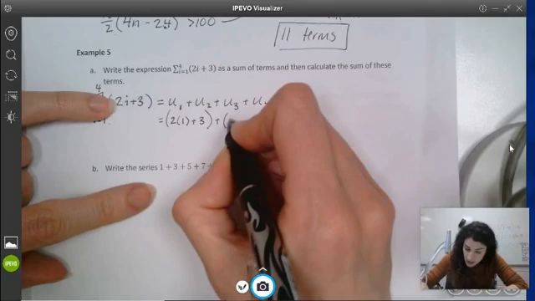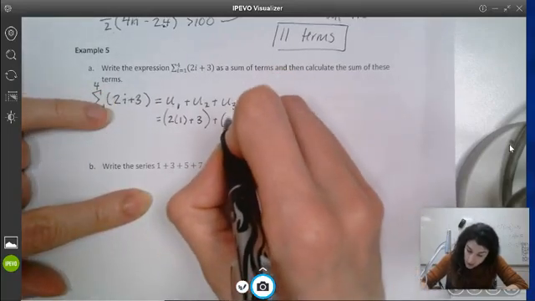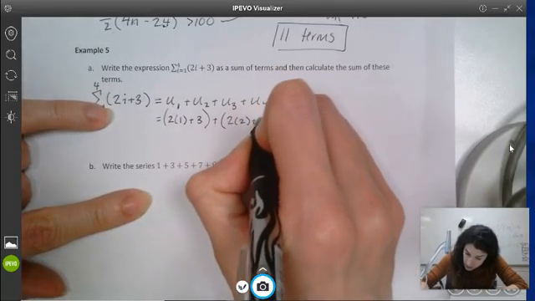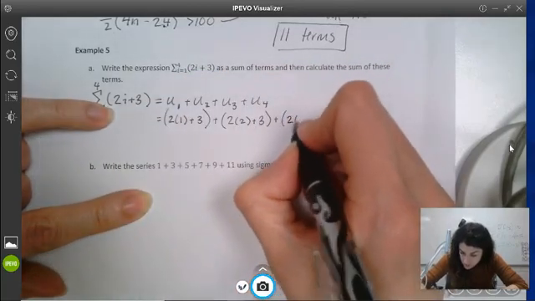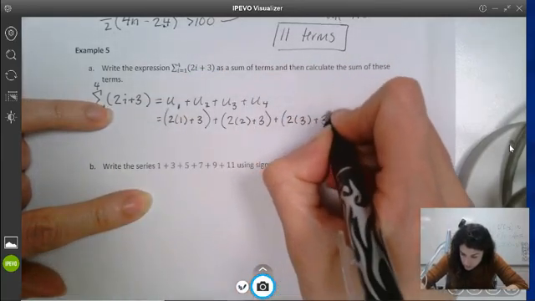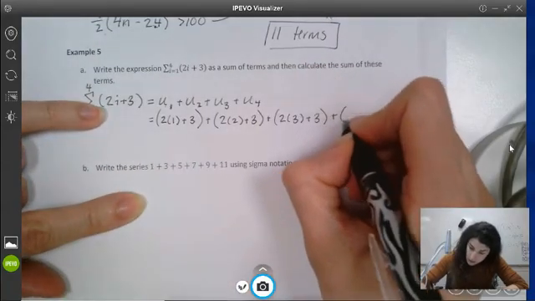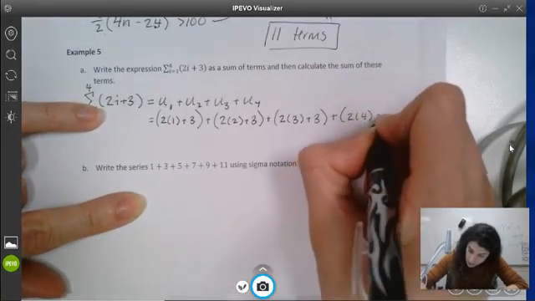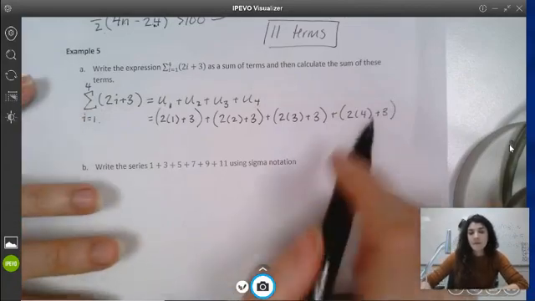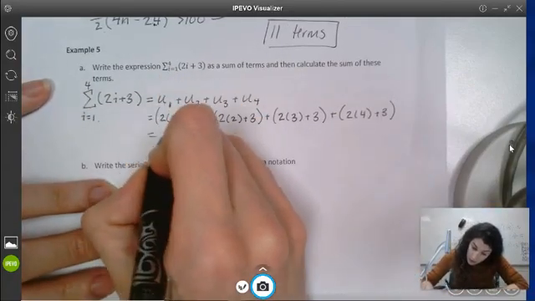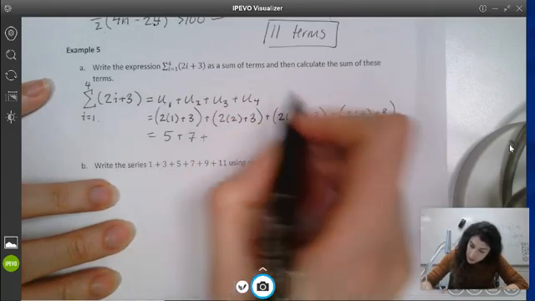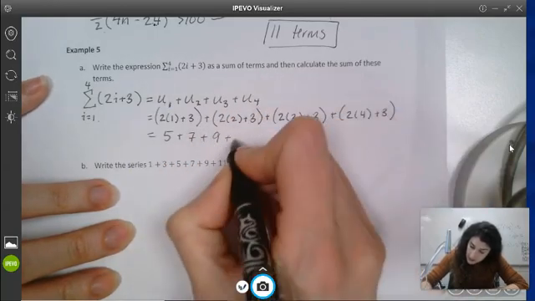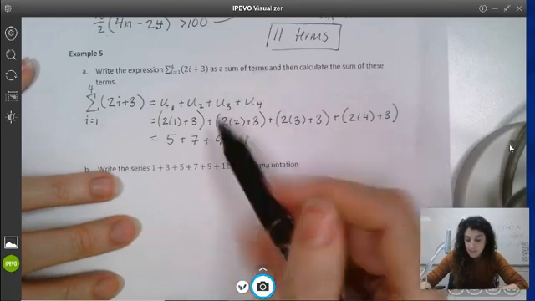If we replace i with 2 to find our second term, 2 times 2 plus 3. Replace i with 3, and replace i with 4. So this would be 5 plus 7 plus 9 plus 11.